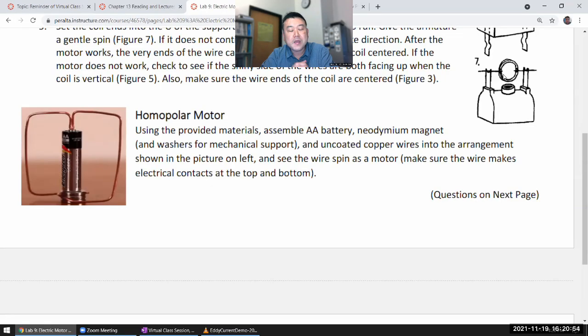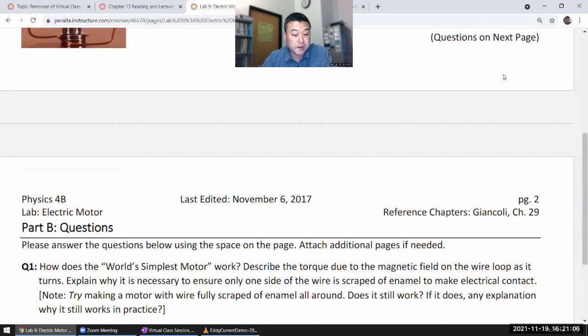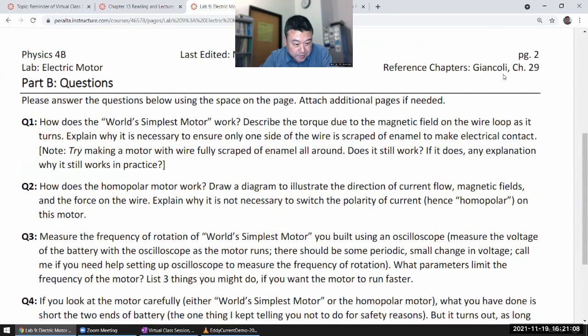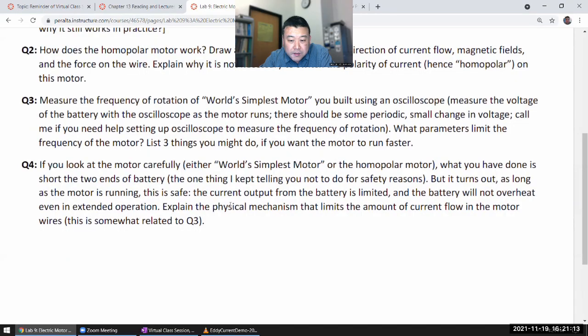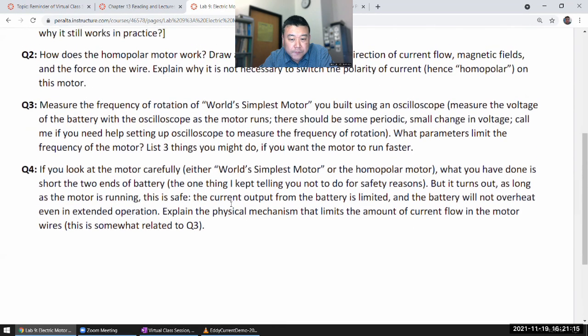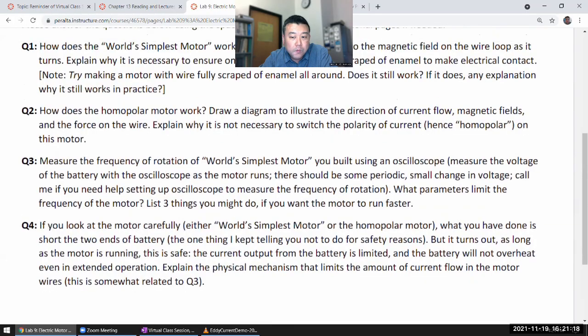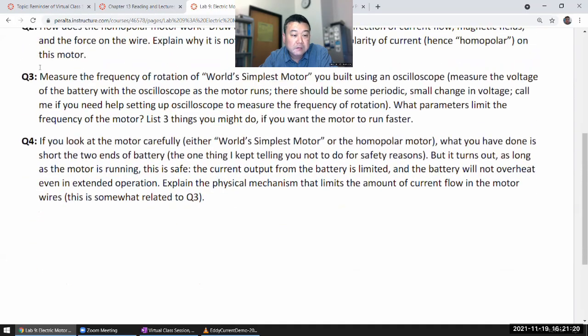Why now? Because we needed Faraday's law to describe some of the restrictions on the operation of a motor. And I think one of the questions gets at that. There are two different questions. One is about measuring the frequency of rotation, and the question of what parameter limits how quickly the motor can turn.